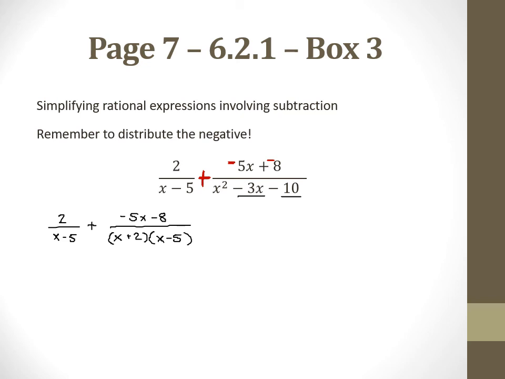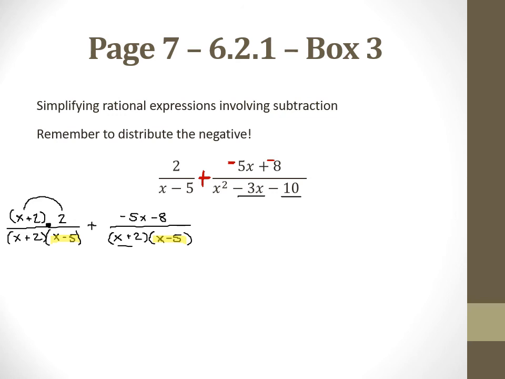So common denominators, we already have the x minus 5 on both, but this first term is missing the x plus 2. So to make the denominators exactly the same, I need to multiply in an x plus 2 here on the left, and that's going to be multiplying really by x plus 2 over x plus 2. When you are multiplying with parentheses like this, we need to distribute.